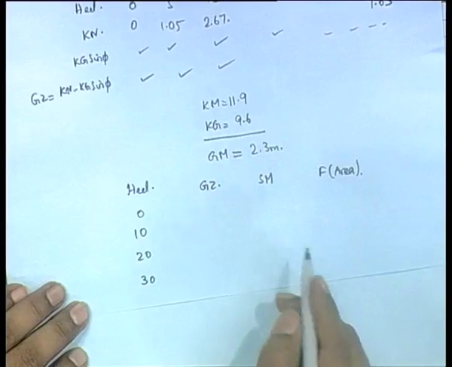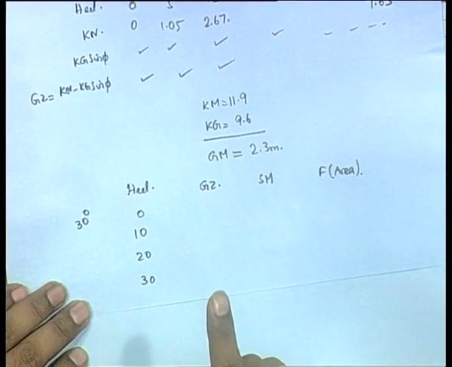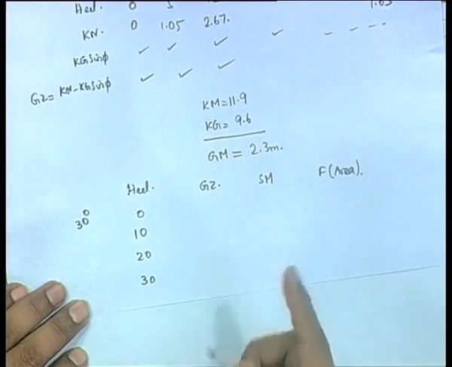So, you find the area up to 30 degrees. You have to in fact do two things, you have to find the area up to 30 degrees, then you have to find the area up to 40 degrees, and you have to find the area between 30 and 40 degrees, both, or three things. Okay, all three things you have to find.